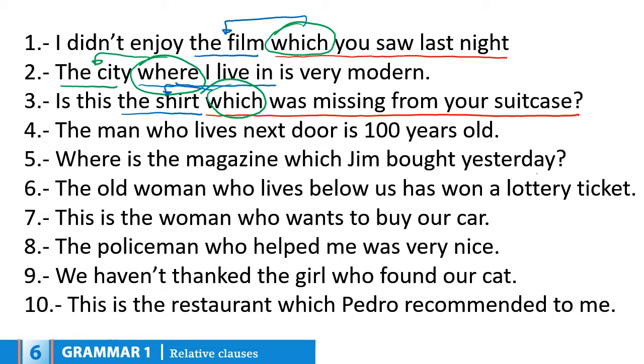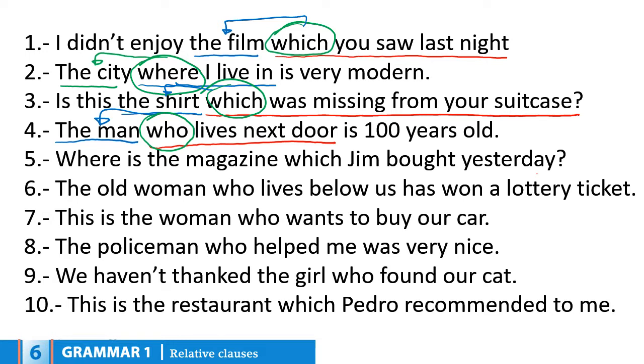Number 4. The man who lives next door is 100 years old. This is the relative clause. This is the pronoun who, and this is the word, the subject, related to the pronoun.